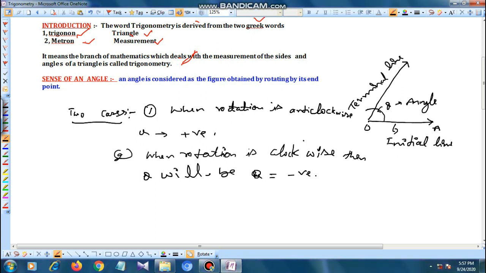This is the initial side and terminal side is clockwise. So here theta is negative. OA is the initial side and OB is the terminal side. So here theta will be negative and in the other case theta will be positive.